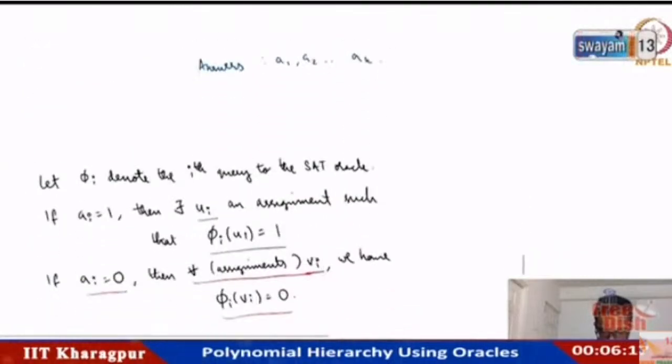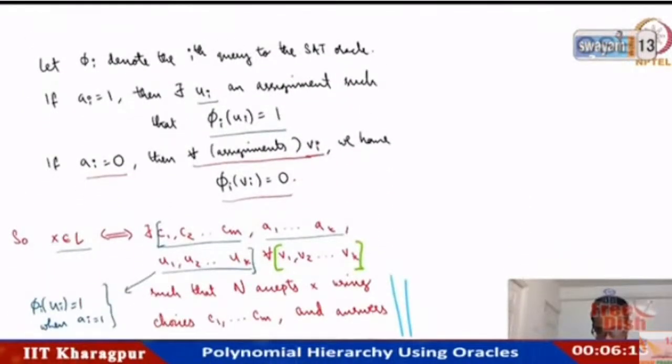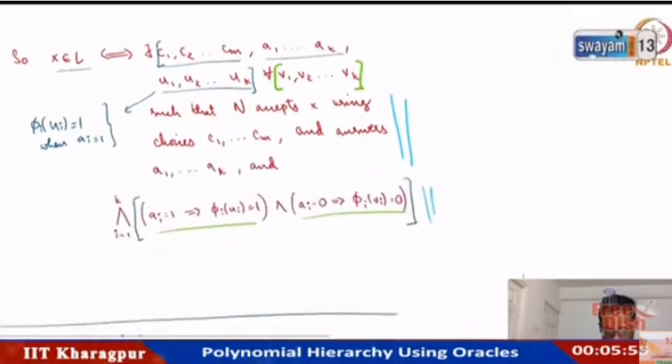One thing you may wish to note here is that I was just trying to see if the quantifiers could be alternated, but it is not possible here because the choices have to be made before V1 to Vk, so you cannot alternate the quantifiers.